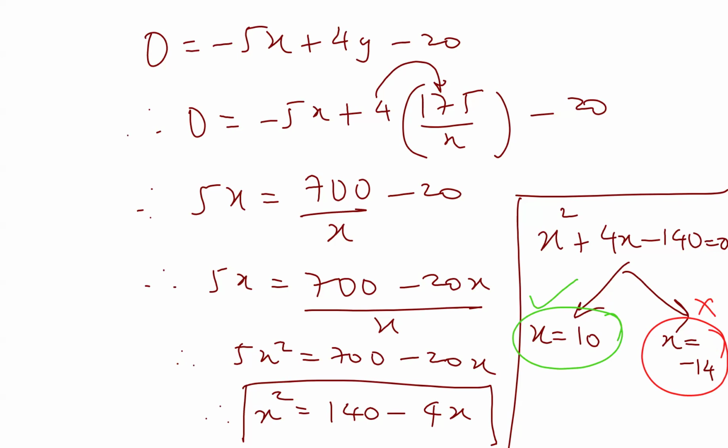So we got x. They are asking how long is the piece. So the piece of cloth is x meters, that is equal to 10 meters. Fine.